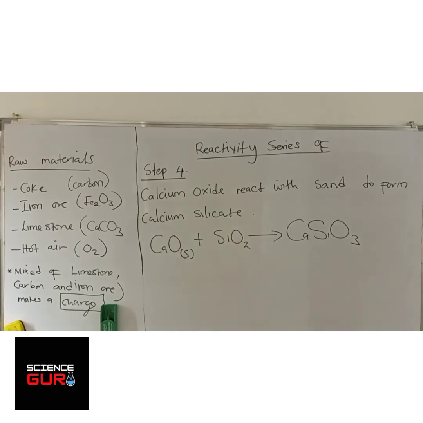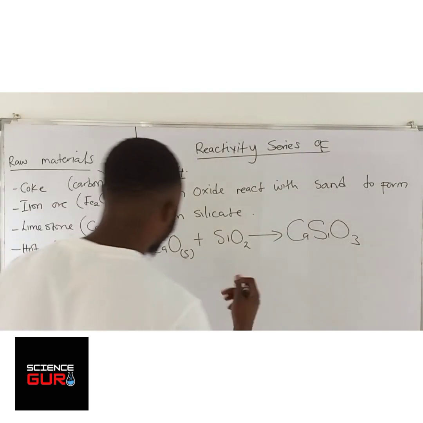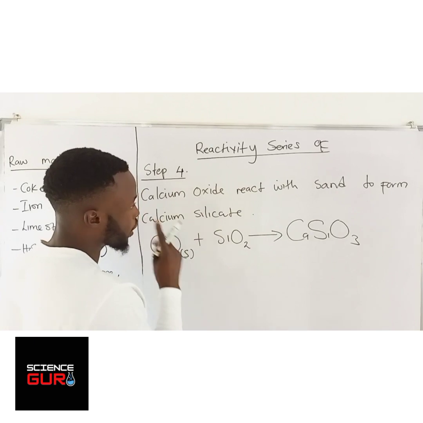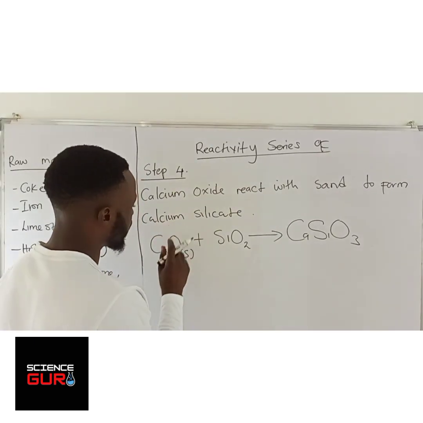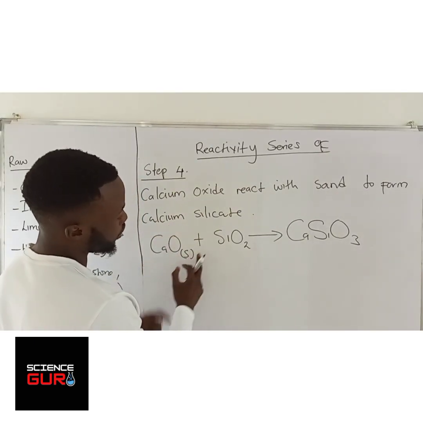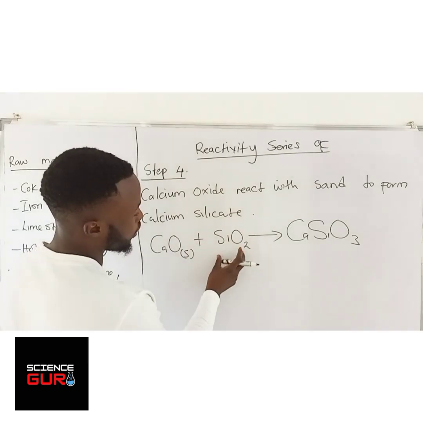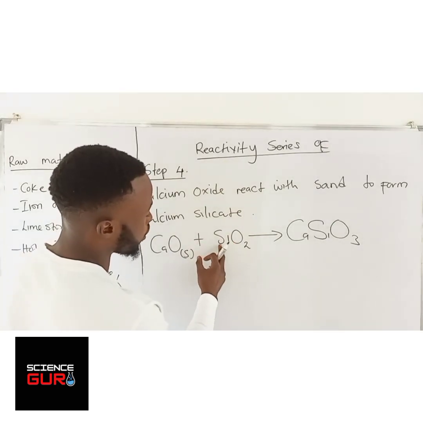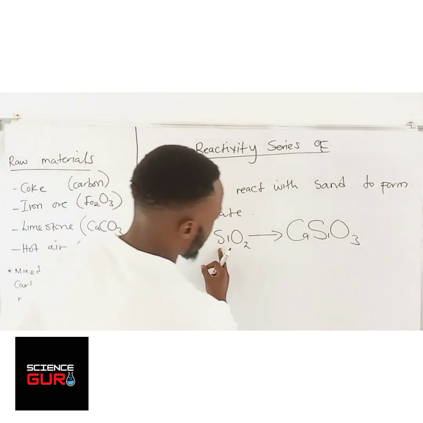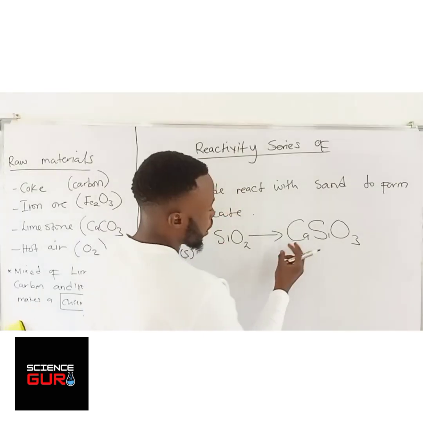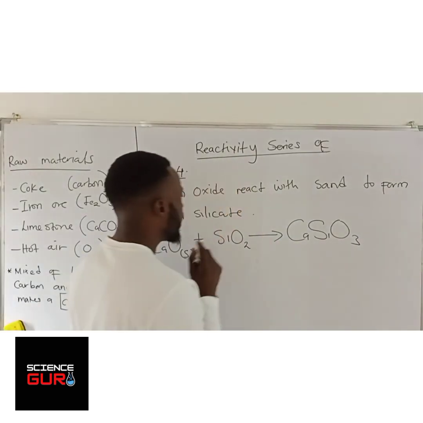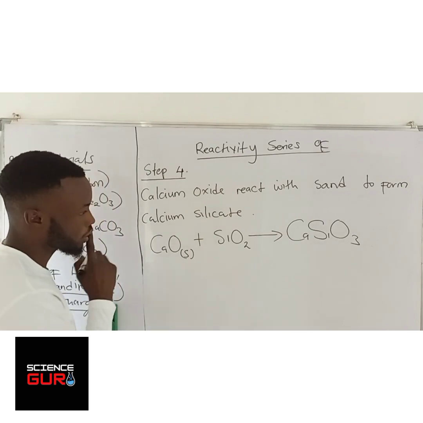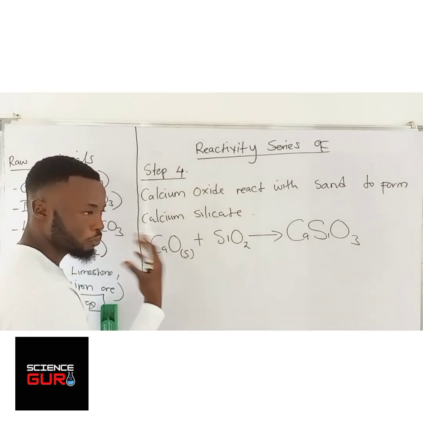Calcium oxide reacts with sand to form calcium silicate. Now the iron is pure.